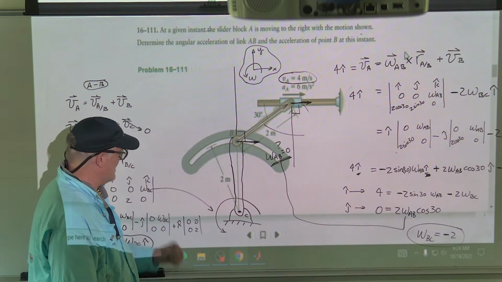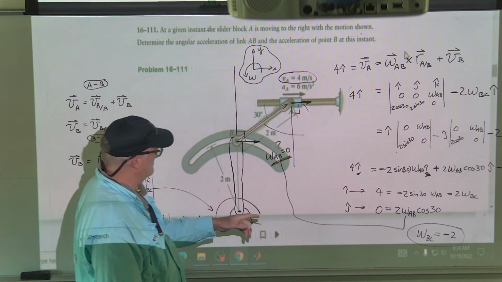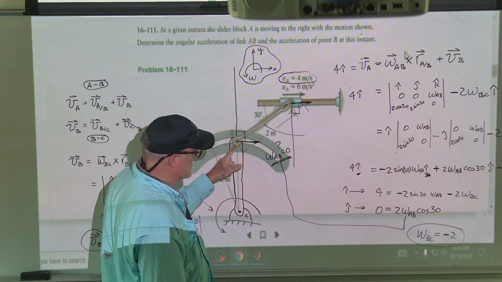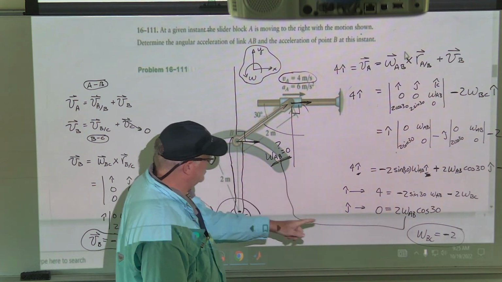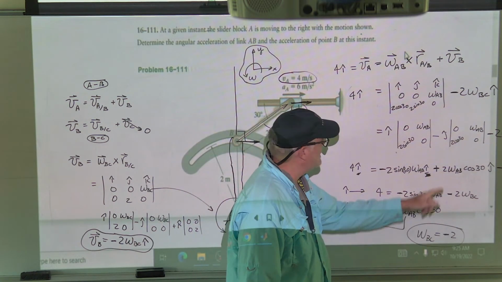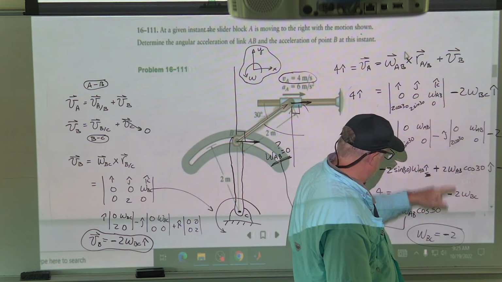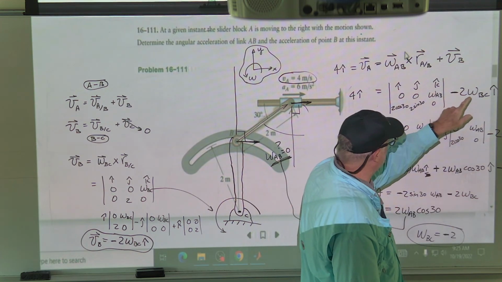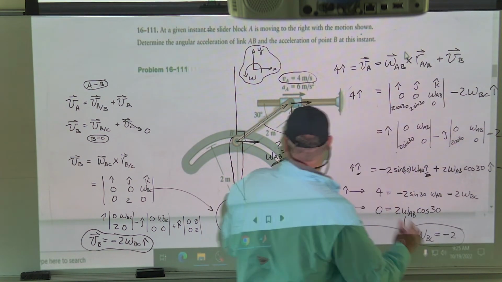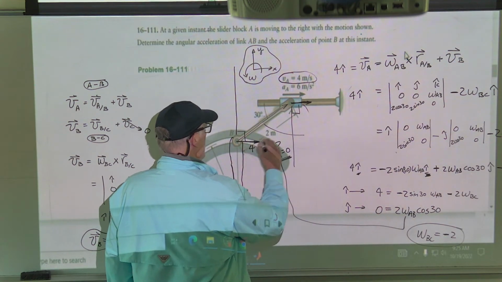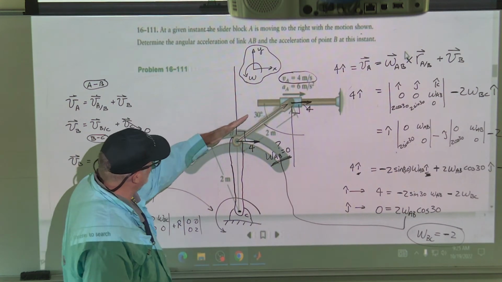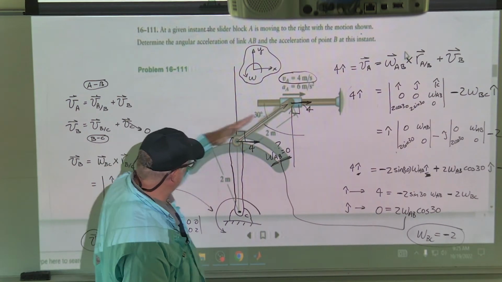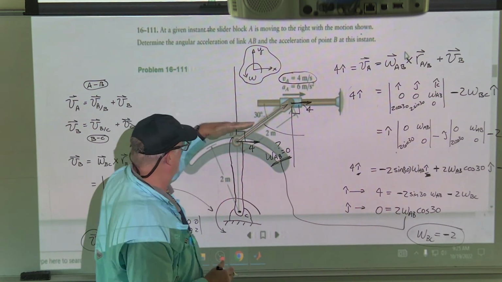And notice something interesting about this. What's the velocity of B, if you knew omega BC? If you knew this was -2, then -2 times -2 becomes +4. So in fact, this is 4, and that's 4. So this link at this instant is just going like that. It's not rotating, it's not spinning.